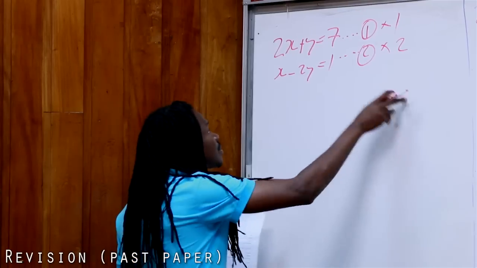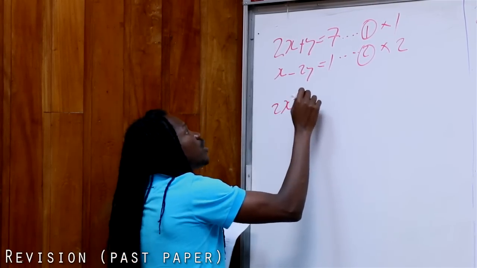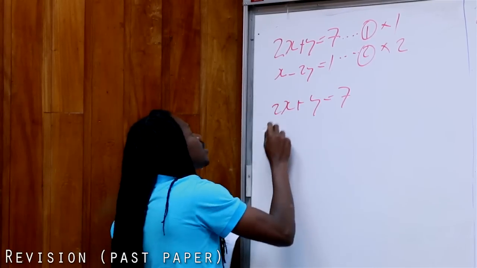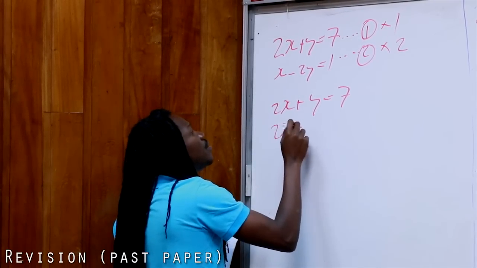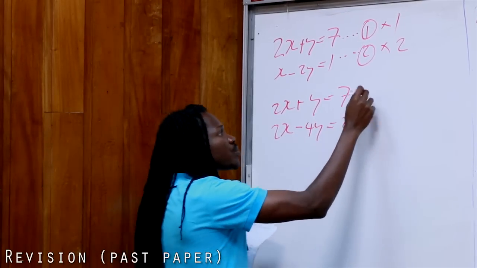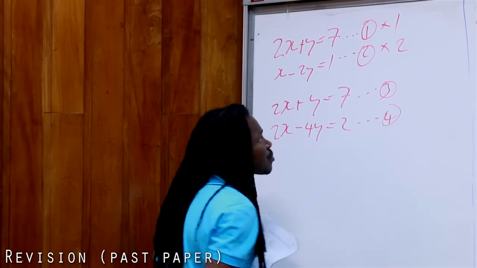Everybody see that? 1 times 2x plus y equals 7. 2 times that, 2x minus 4y equals 2. Equation 3, equation 4.